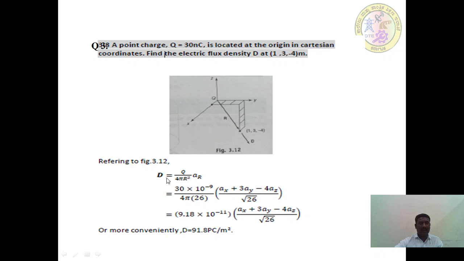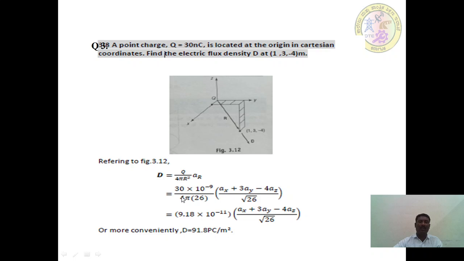We know that the electric flux density for a single point charge is given by the formula Q divided by 4 pi r square into a r. Substitute the value here.